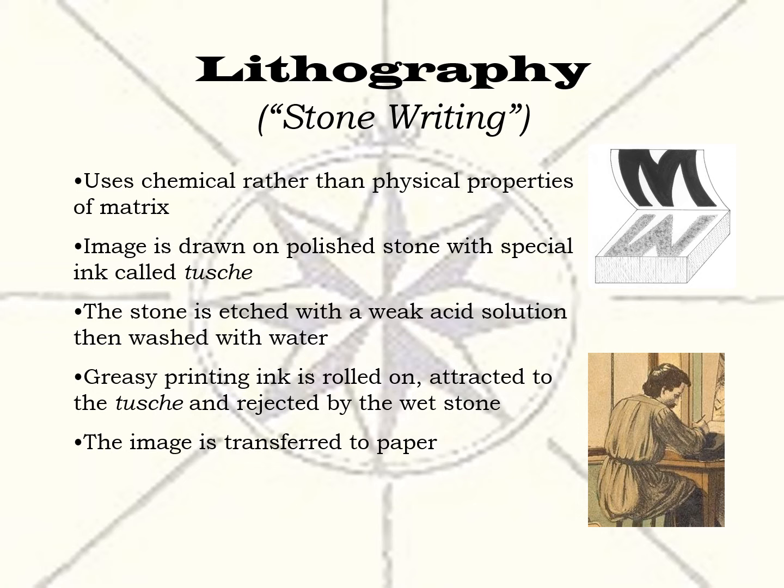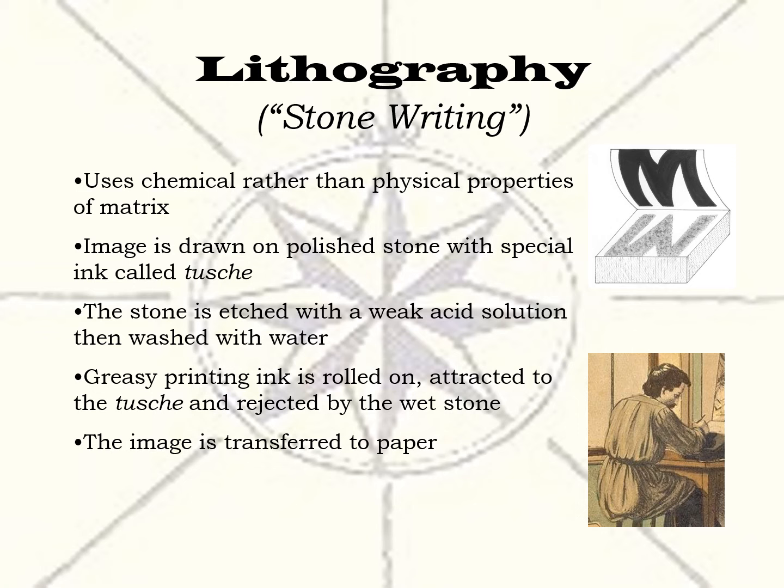With lithography, the image was drawn onto a polished stone with a special ink called touche. This ink is waxy or greasy, which causes it to attract printing ink. After this, the stone is etched with a weak solution of nitric acid to accentuate the contrast between the inked and the non-inked parts of the stone's surface.